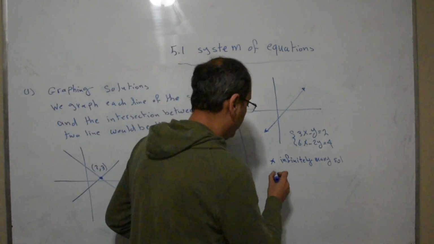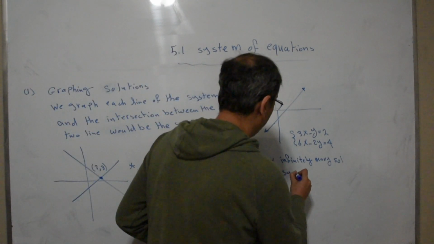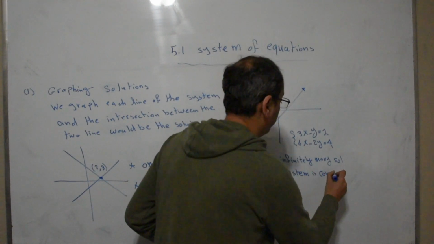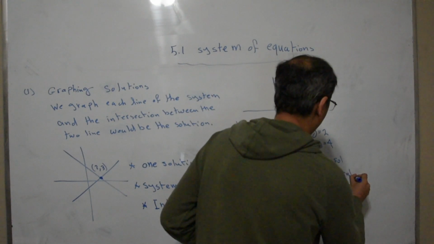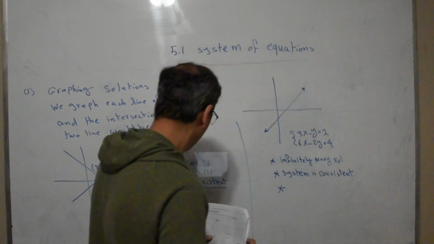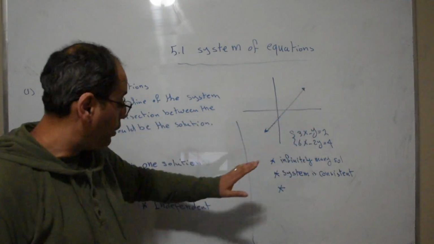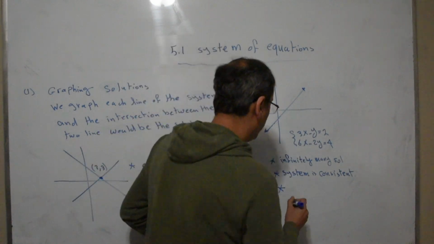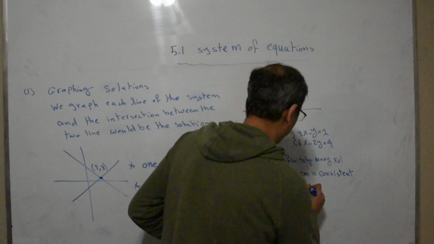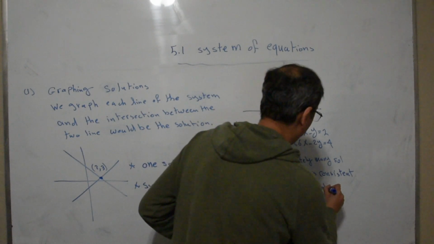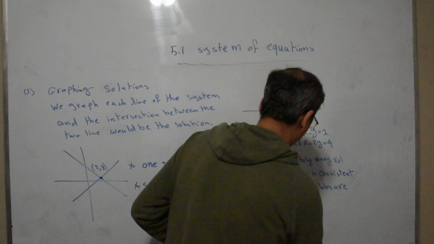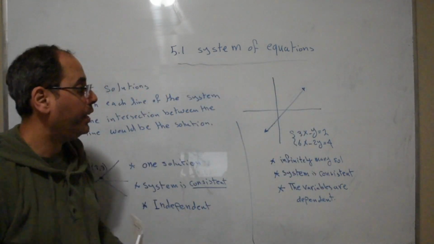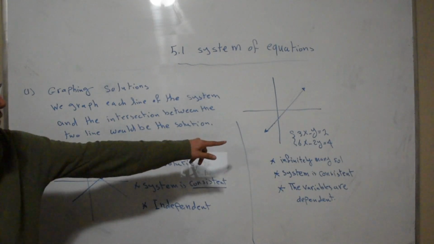Therefore, the system is consistent. And the last thing, the two variables are not independent because the value of y depends on the value of x. So the variables are dependent.